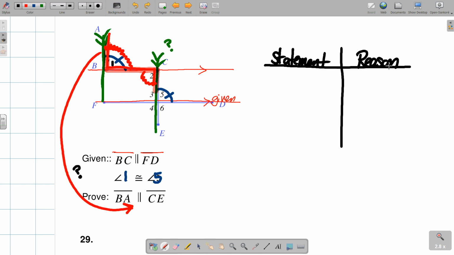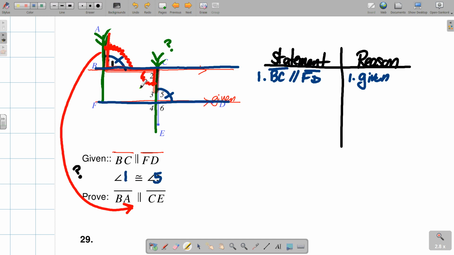Okay, let's start with our parallel lines that we were given, BC and FD. That's given. Now look very carefully with the blue. Since the blue is parallel, can you trace exactly what I just did?